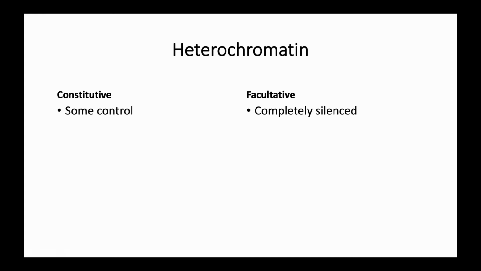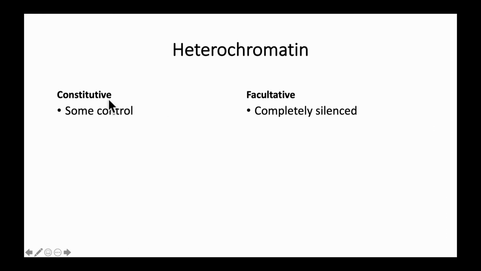It doesn't code for anything. True. However, it may or may not be completely silent. Let's start with facultative: it's completely silenced by histone deacetylation. Nothing is happening over here.